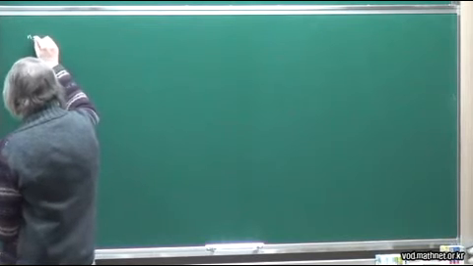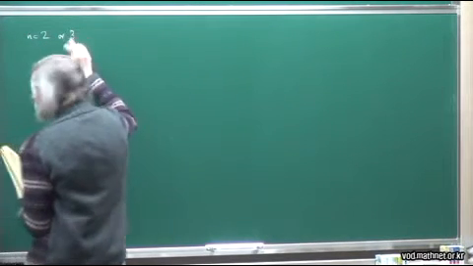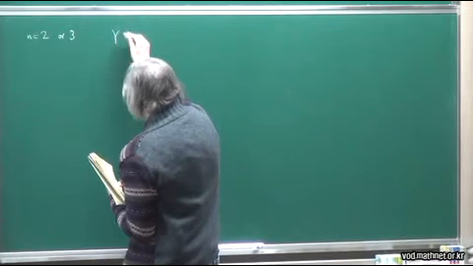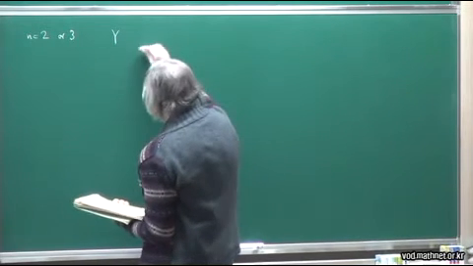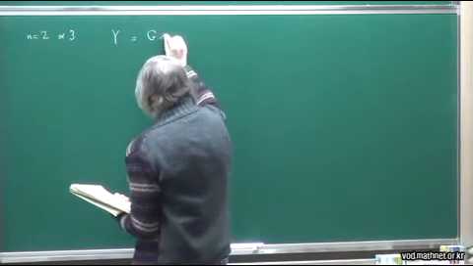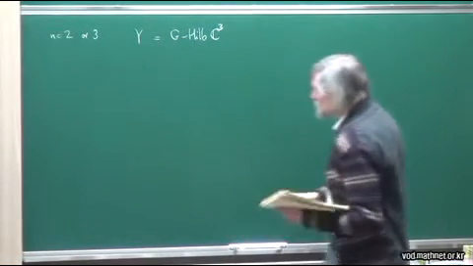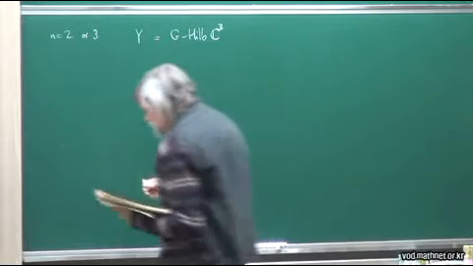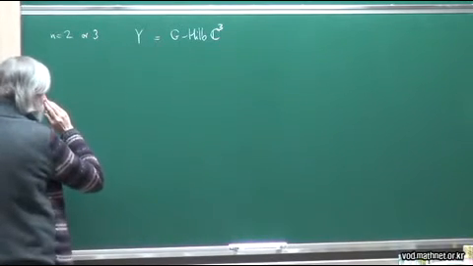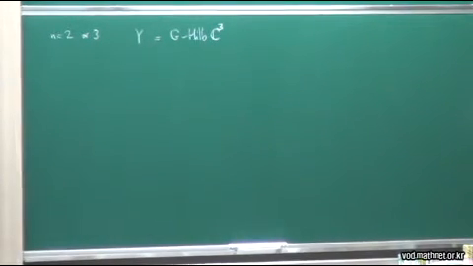So, what do I mean that we know a lot? In the case n equals 2 or 3, one of the choices for Y is the G-Hilb of C^3. So let me get around to defining what this is.